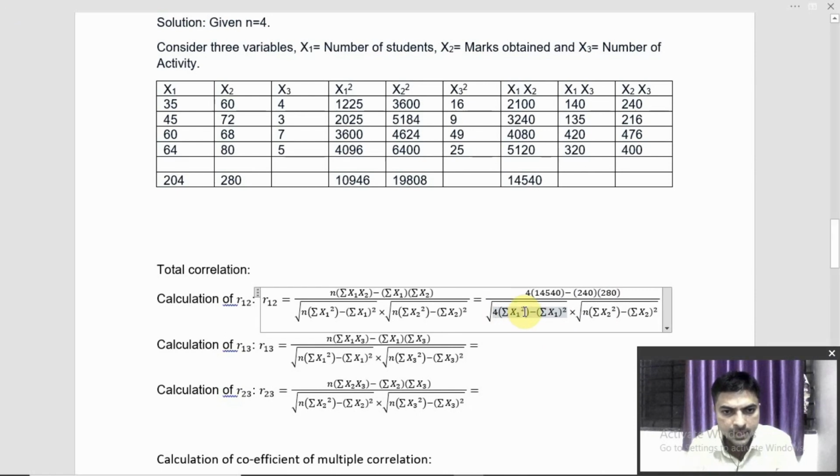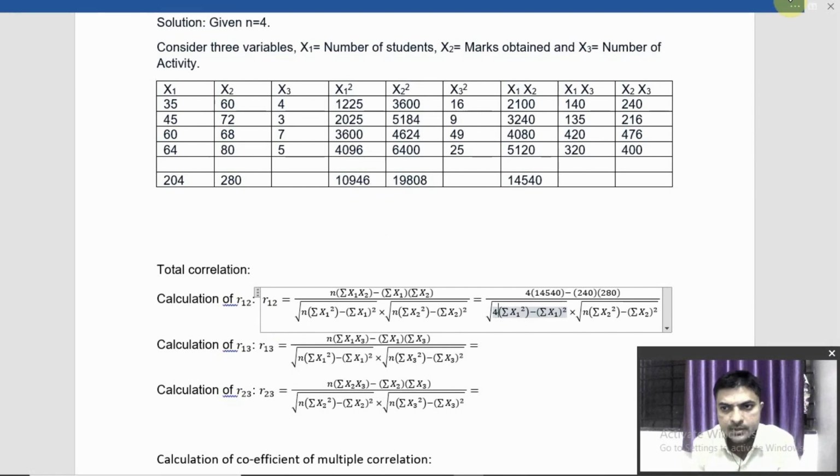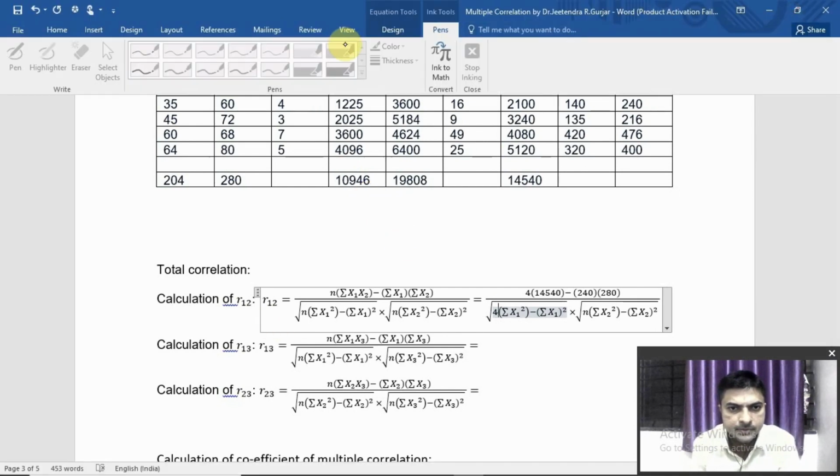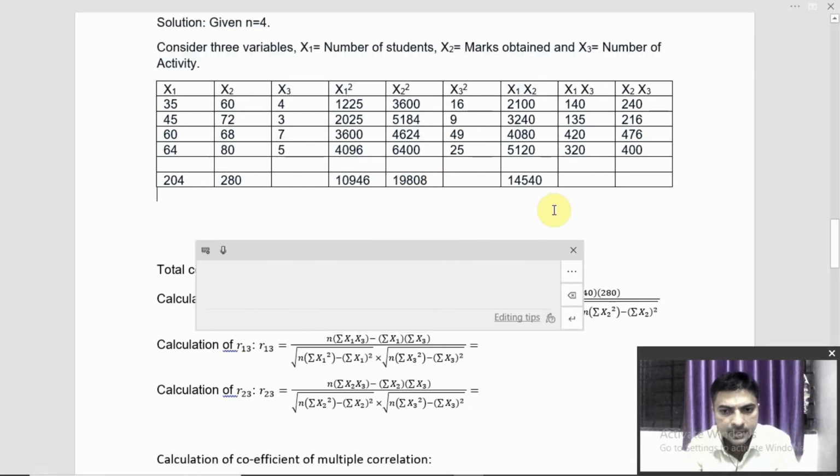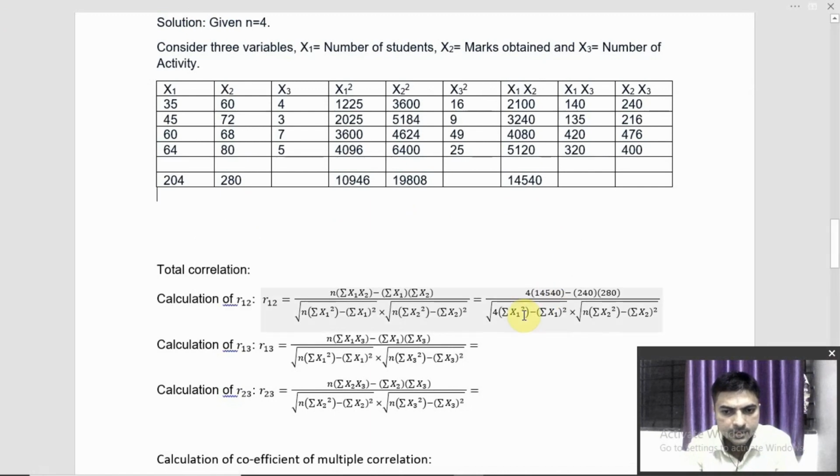Summation of x1 square, please remember this. I'll just use the pen here for time. Summation of x1 square, that I will put here, done.